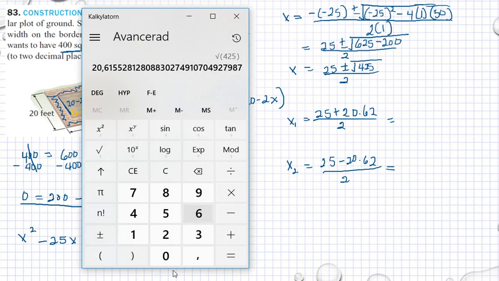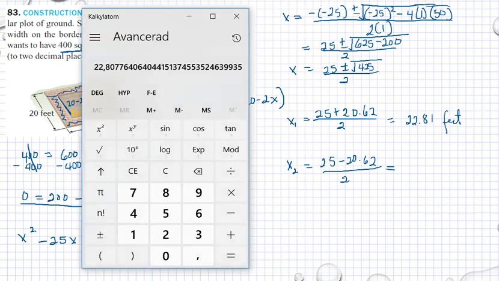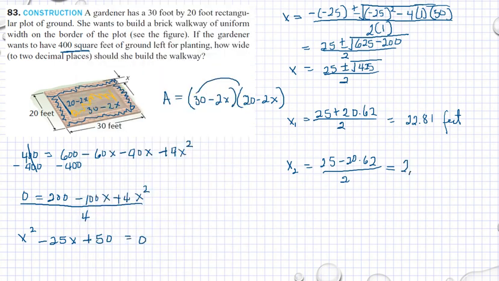If we solve that, 45.62 divided by 2 gives us 22.81 feet. That's one x. The other x is 25 minus the square root of 425, which gives 4.38 divided by 2, and then it is 2.19 feet.